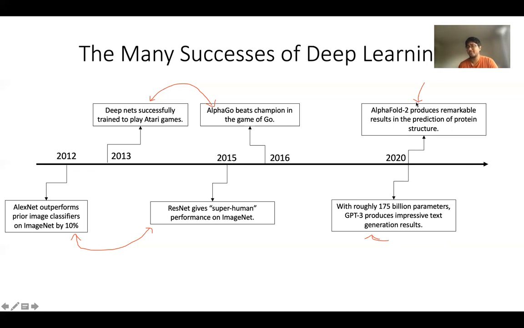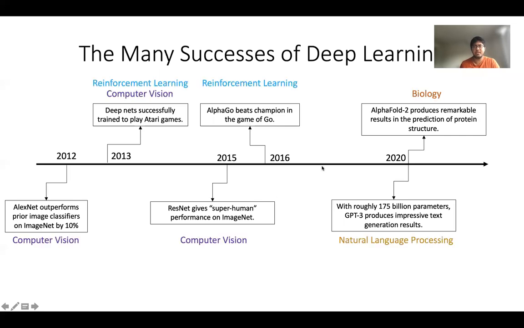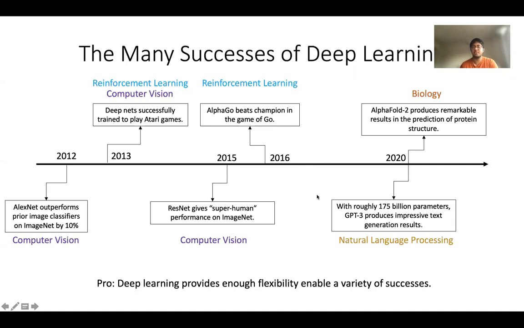And similarly, AlphaFold made a remarkable result in biology by being able to predict protein structure. So one thing I wanted to emphasize, again, is that you have one class of machine learning methods that has transformed many, many different domains. And this is one of the real powers of deep learning, which is that it provides enough flexibility to enable a variety of successes.